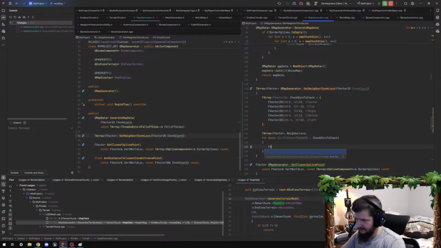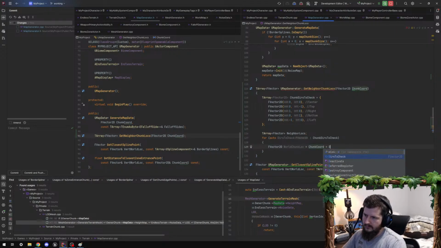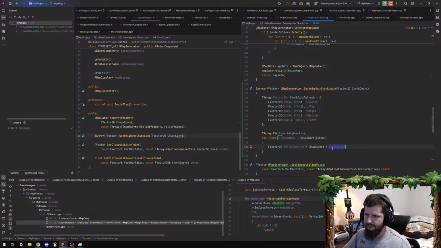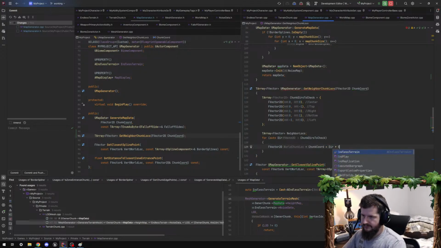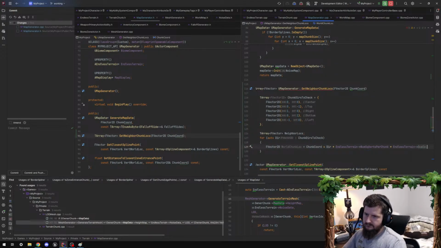Direction, plus direction times endless terrain num square verts per chunk times endless terrain scale.